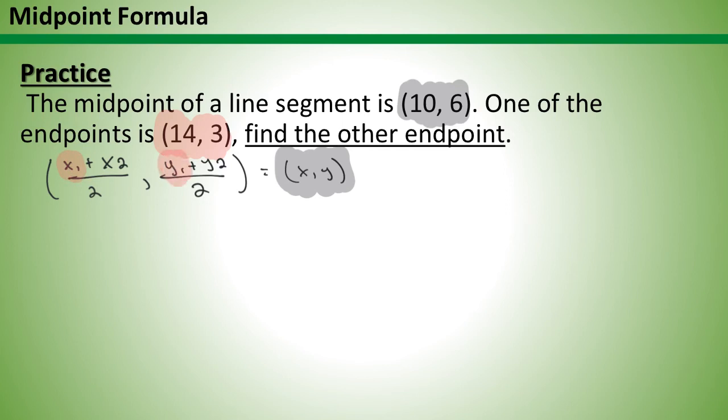We have 14 plus x over 2, and then 3 plus y over 2 is equal to 10, 6. We need to solve for x and for y.